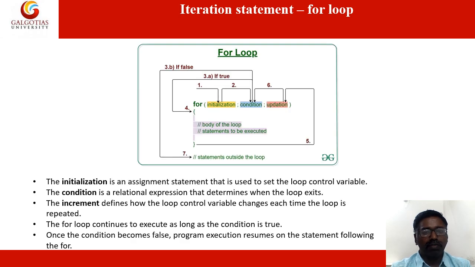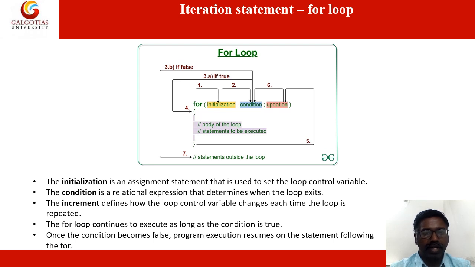The flowchart of the for loop is given. From this diagram, we can clearly understand that the first step is initialization: the variable needs to be initialized with a value. Next is the condition, which needs to be checked; that is the second step.